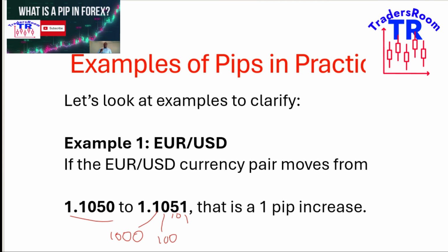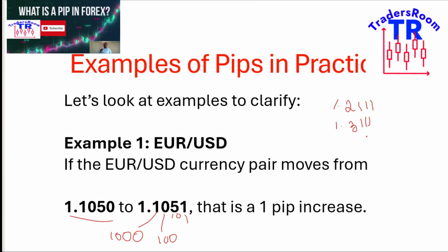Let's say, for example, in this area, we have 1.2111. This is the number, and this number moves to 1.3111. How many pips does this number rise?